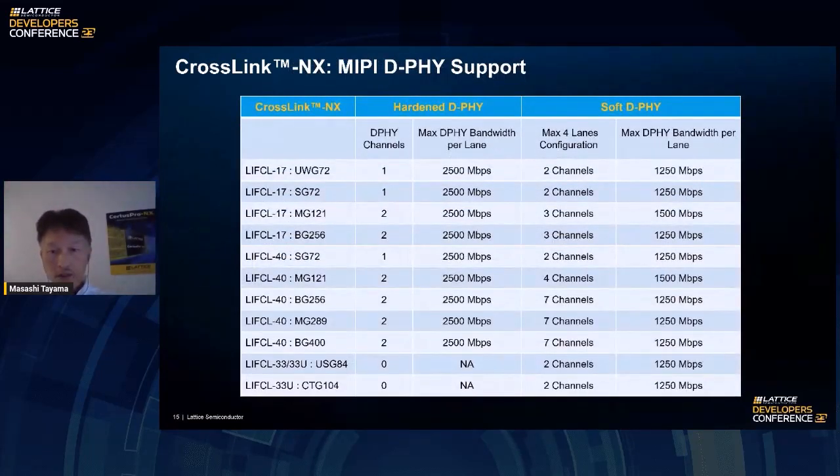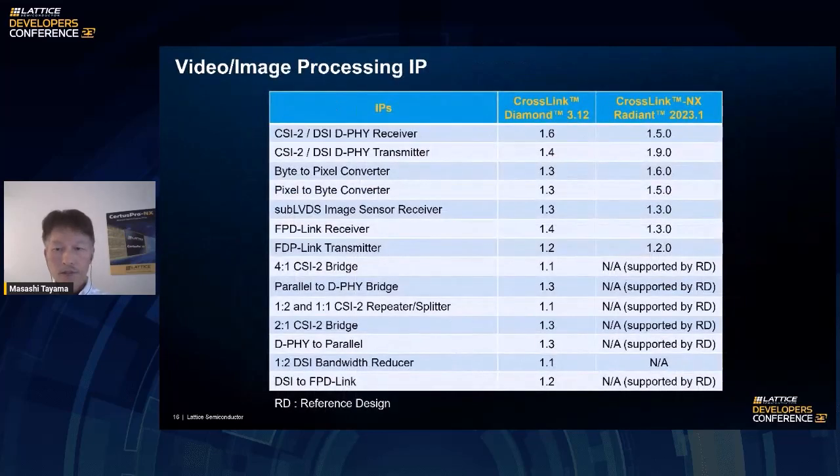This is a similar table for CrossLink NX. Hardened D-PHY can achieve 2.5 Gbps per lane, and soft D-PHY can achieve 1.5 or 1.25 Gbps per lane, depending on the package. This is a list of MIPI and video interface related IPs for CrossLink and CrossLink NX.